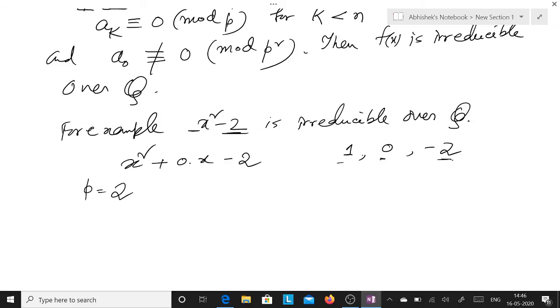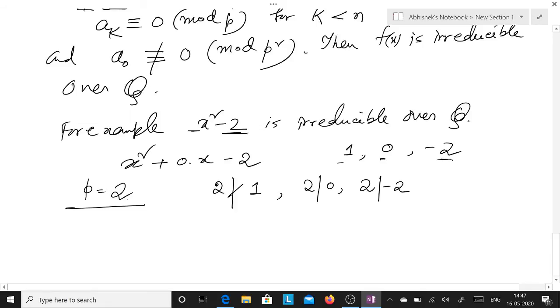And the fact is that it is indeed, because with respect to this prime, we will see that 2 will not divide the leading coefficient 1, but it will divide 0, it will divide minus 2.